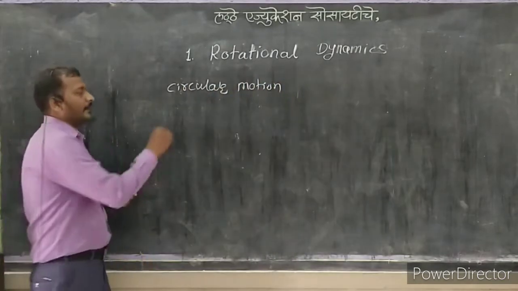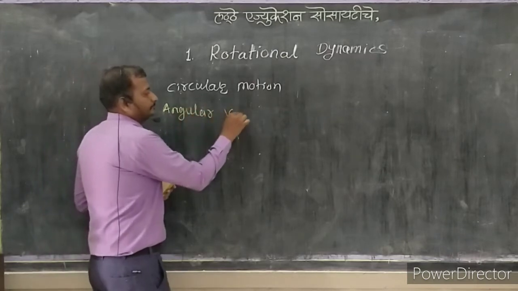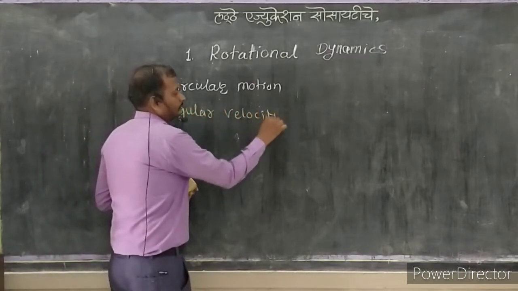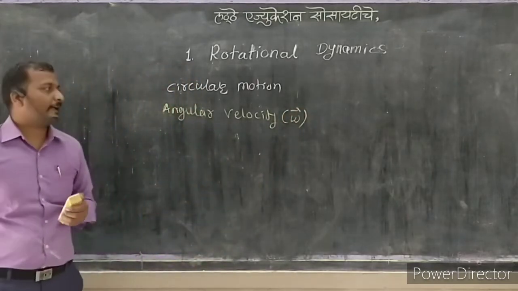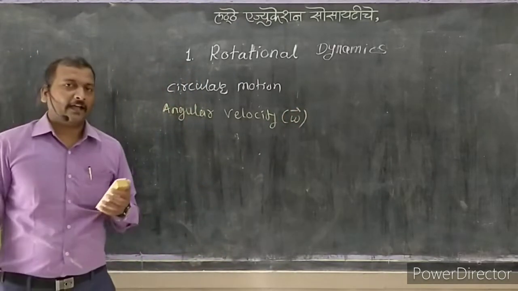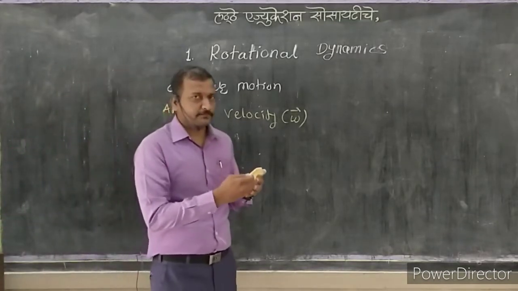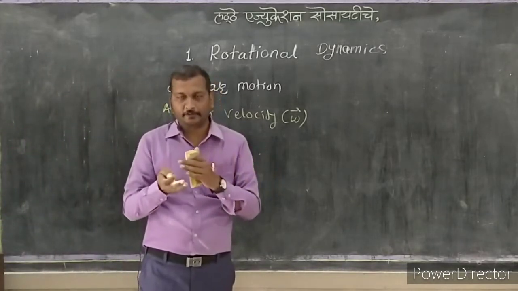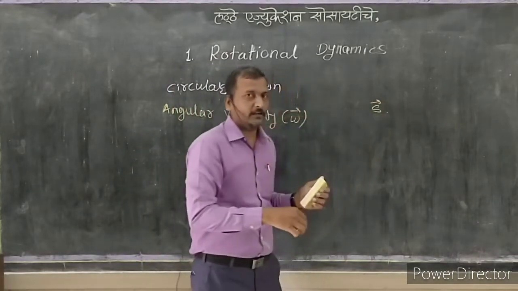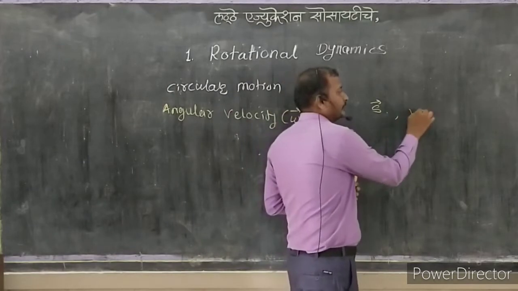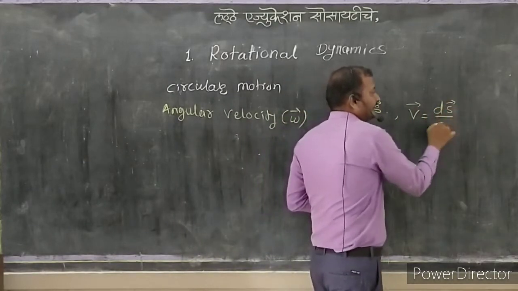Next term, angular velocity. Angular velocity is denoted by omega bar. Let's consider the terms in the linear motion and angular motion. In linear motion, displacement is s bar and the velocity is given by v bar is equal to ds bar by dt.